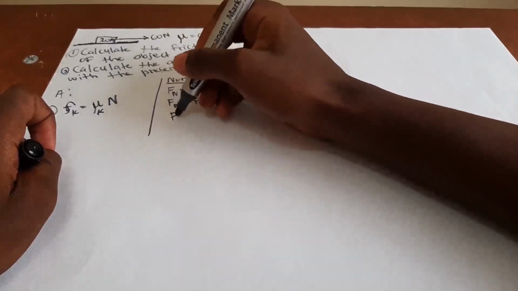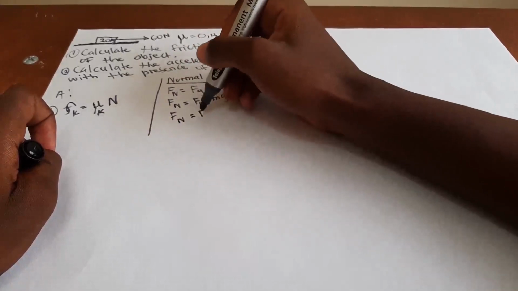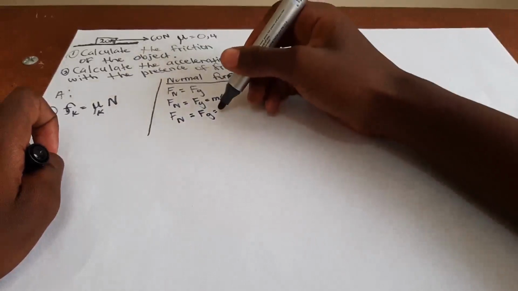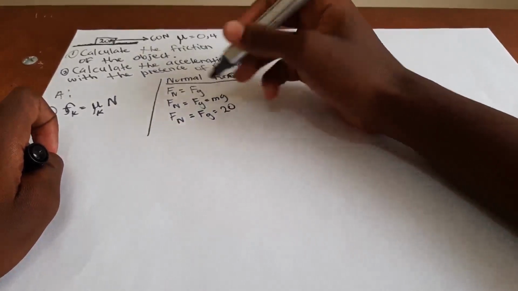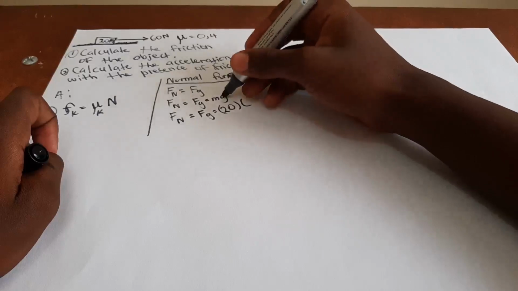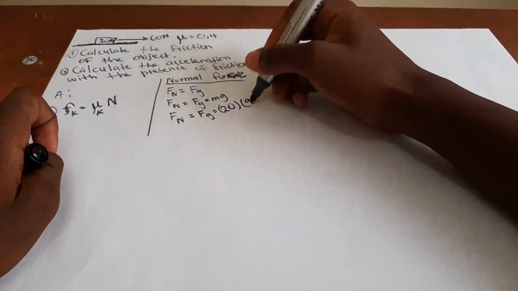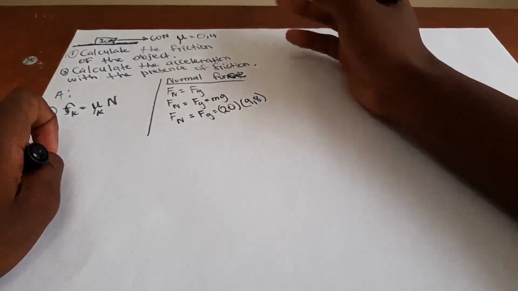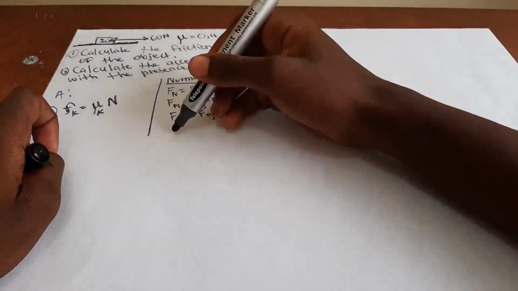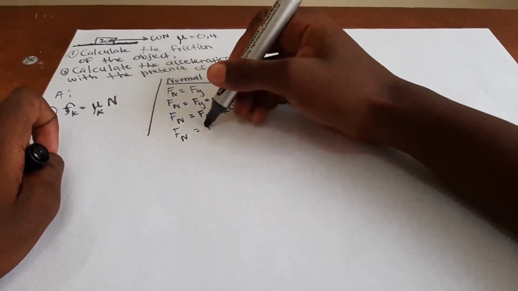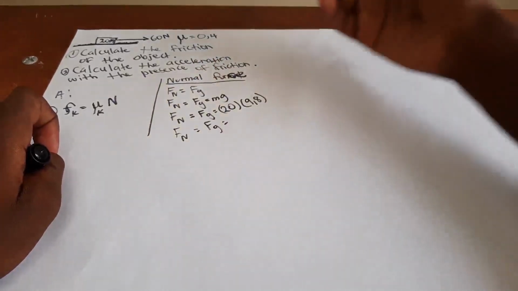Okay, so our normal force is equal to Fg, which is equal to the mass of that object, 20 kg, multiplied by the gravity. I said 9.8, if you still remember. So it's always 9.8 for gravity, guys.